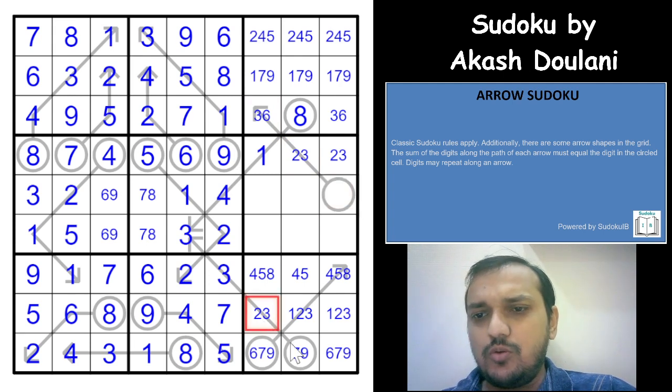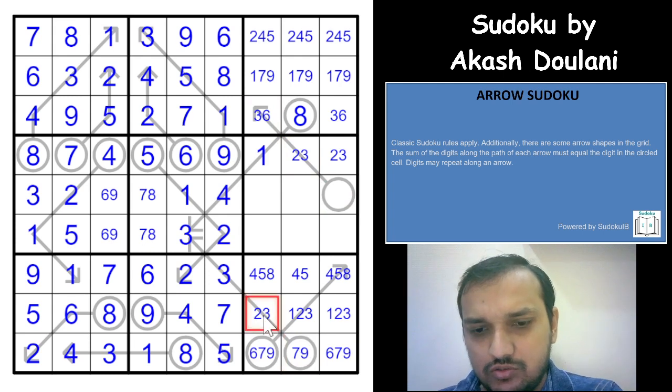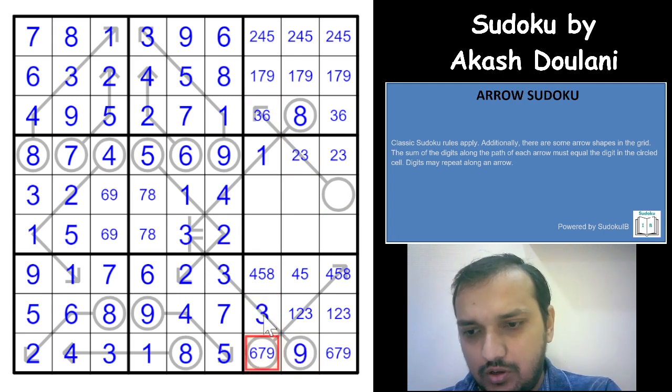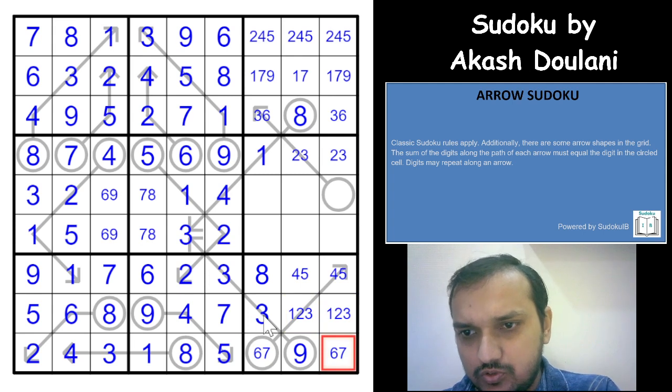Oh, 2 is not possible because 8 is already gone here. So this would have to be a 3 and a 9. Come on. I missed that. I missed that purely. So this is not an 8. That gives you an 8 here. 6 or a 7. So possible. 9 is not possible here.